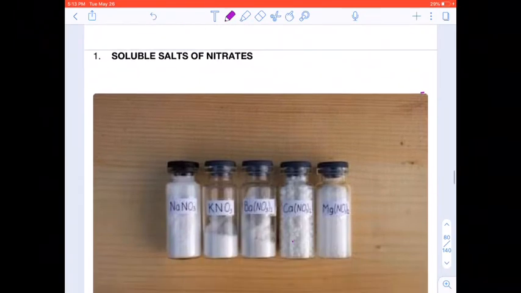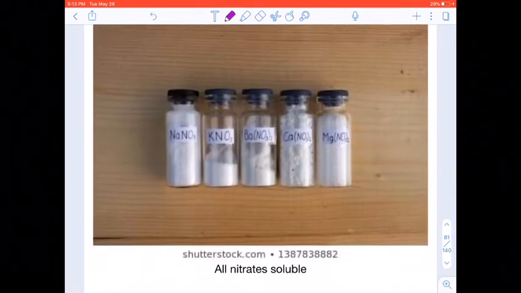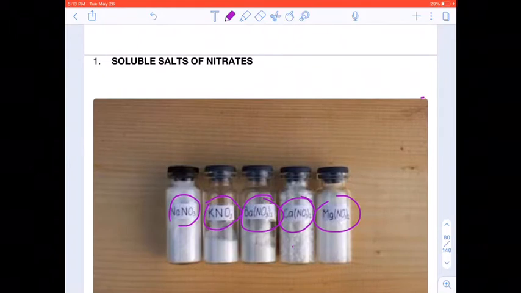Now let's look at soluble salts of nitrates. Here we have them. We've got sodium nitrate, potassium nitrate, barium nitrate, calcium nitrate, and magnesium nitrate. All these are soluble salts, right?